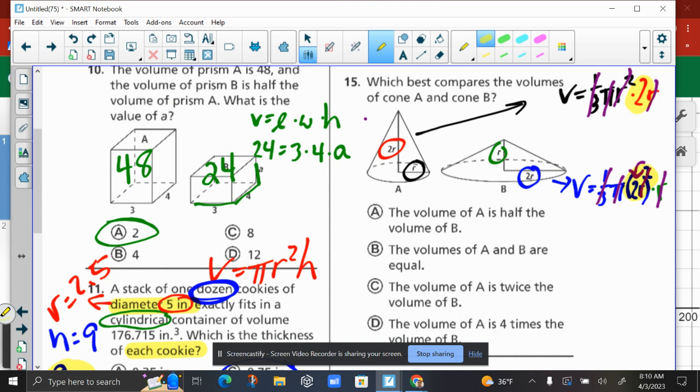Here I have a 2 squared. And we know 2 squared is 4. So really down here, this is 4, and this is just a 2. So that tells me that the volume of B is double that of volume of A, because 4 is double 2. So the volume of A is half the volume of B. So yeah, 2 is half of 4, so A is our answer.